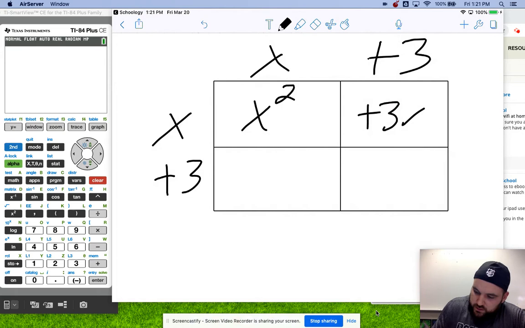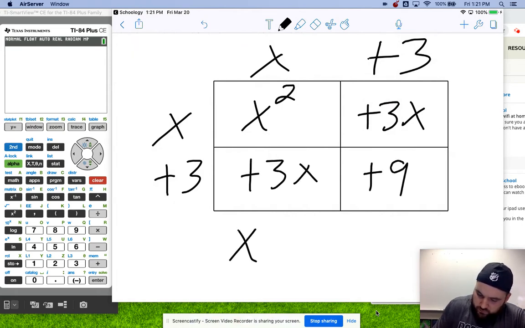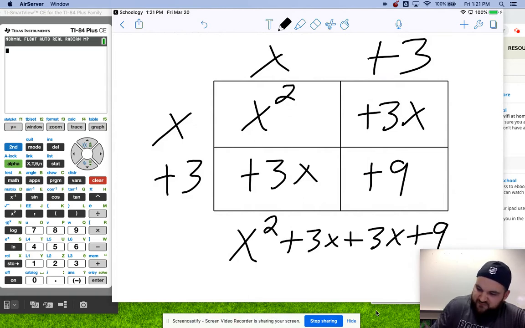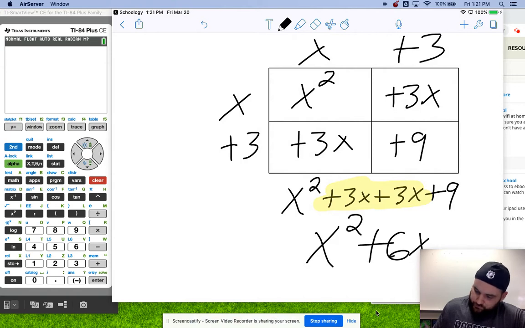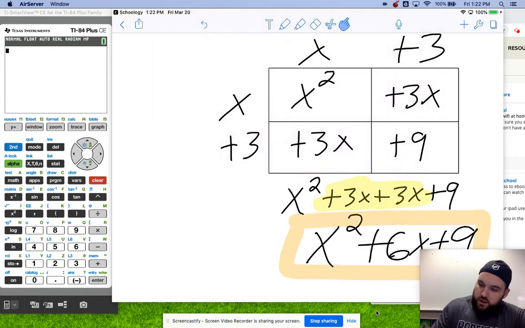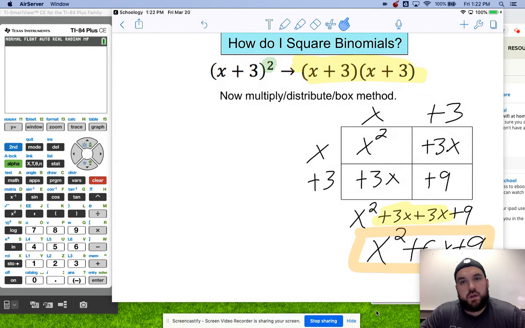And then in the middle here, I have plus 3x and plus 3x. 3x and 3x can combine to be 6x. So I get x squared plus 6x plus 9 as my fully simplified expression for that. So that's what it means to square a binomial.